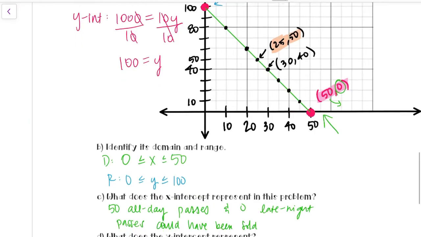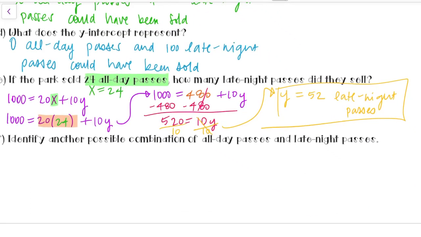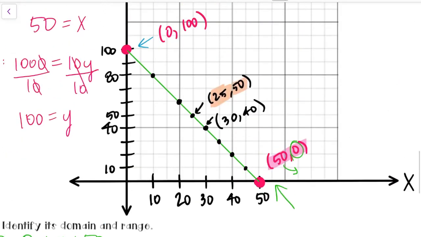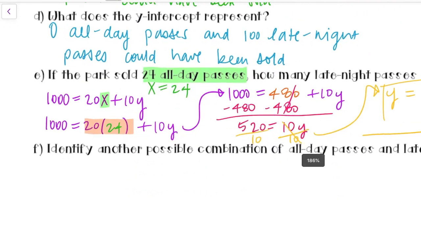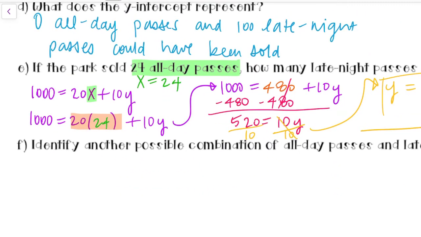Now, if they didn't do that, or if your graph is not set up nicely where they are crossing nice corner points, what you can do is just pick a number, either for your x or for your y. Let's go ahead and pick x equals 10. So we do exactly what we just did in part E, except we just pick a random value. So if we pick x equals 10, we can rearrange and solve for y.